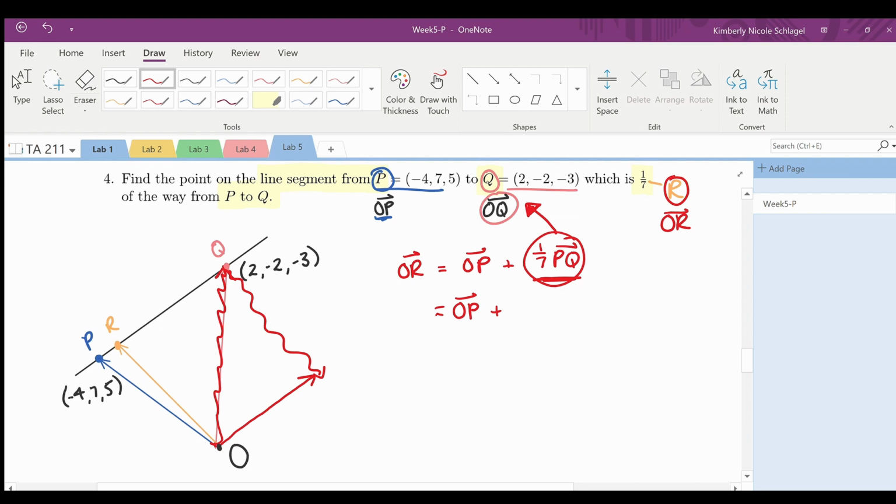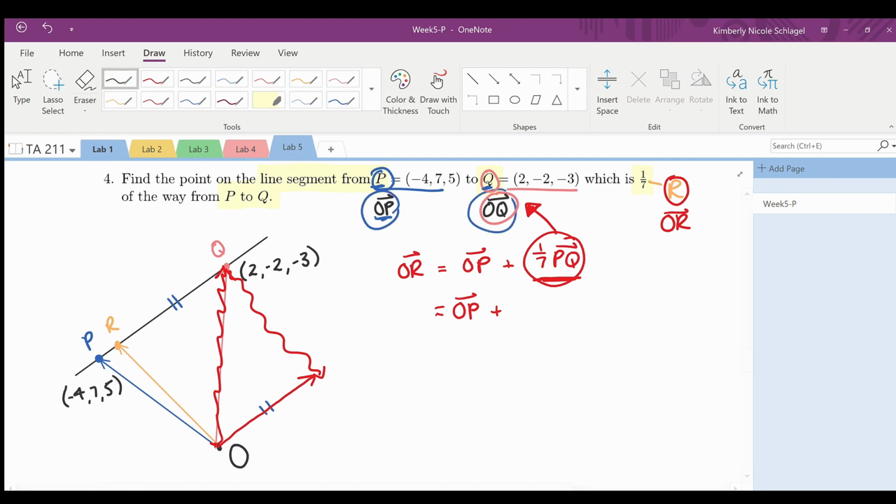And you can see that these two lines are parallel to each other. So in that way, we have found the line PQ simply by using our OP and our OQ.